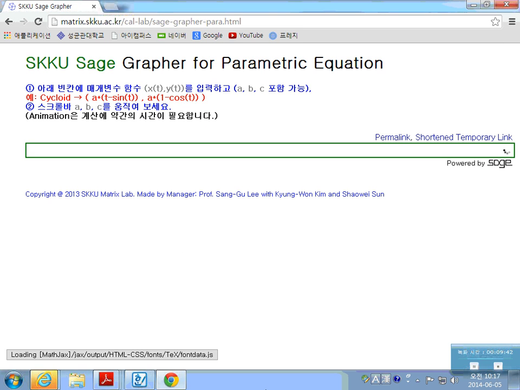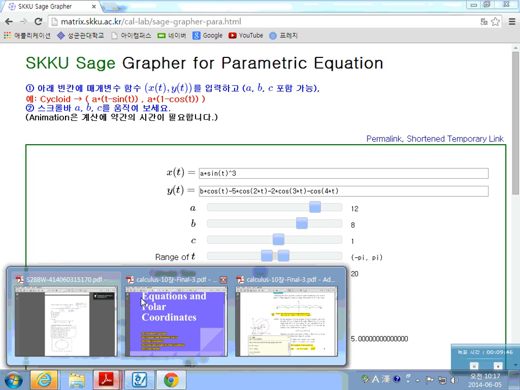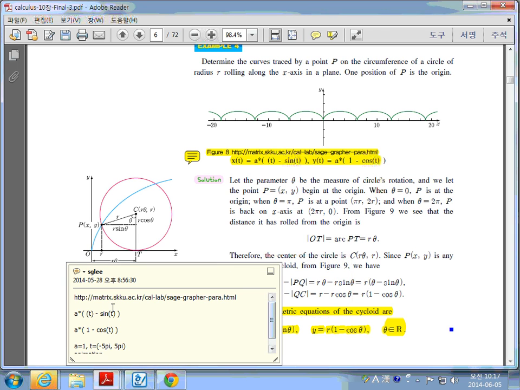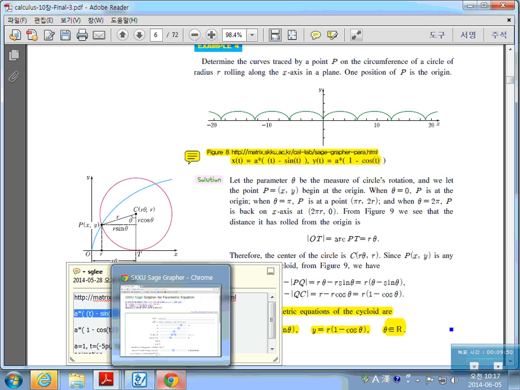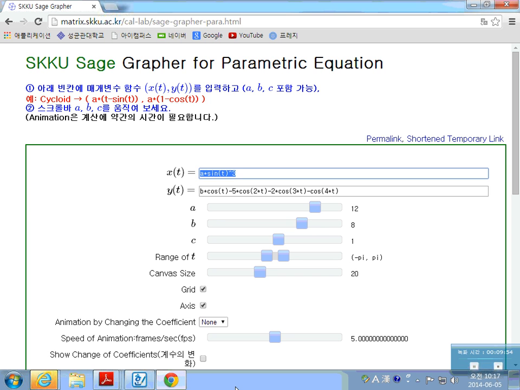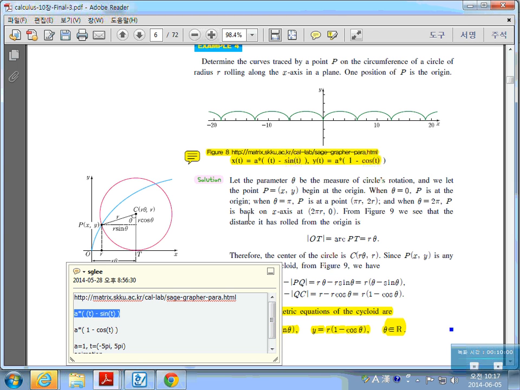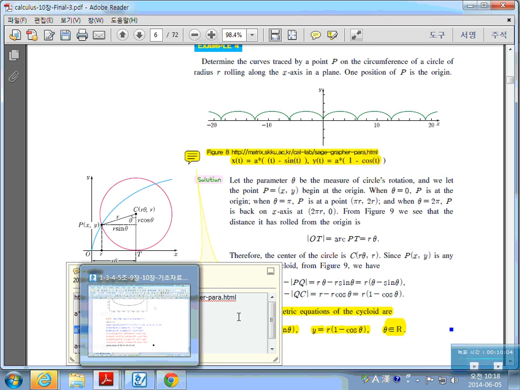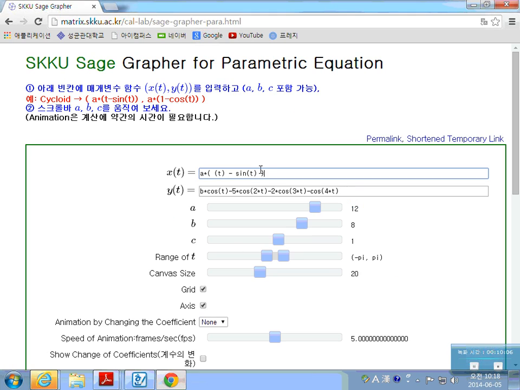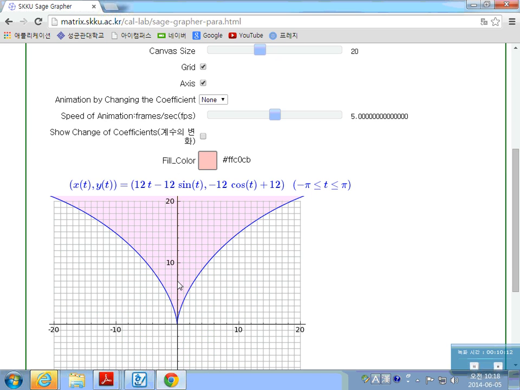Here, we choose x of t as a times (t minus sine t), and y of t as a times (1 minus cosine t). Then Control V, and we will see the graph like this.